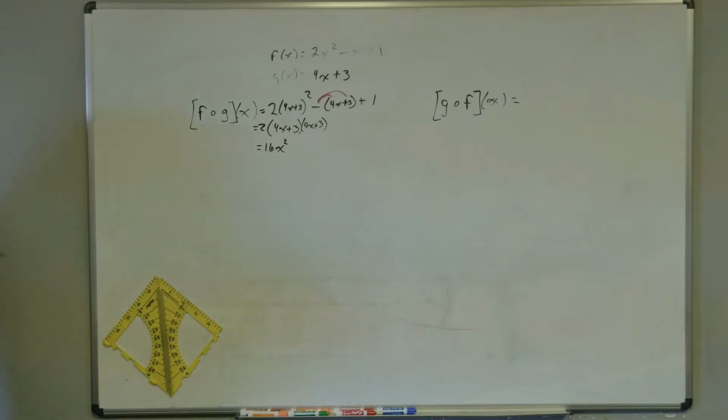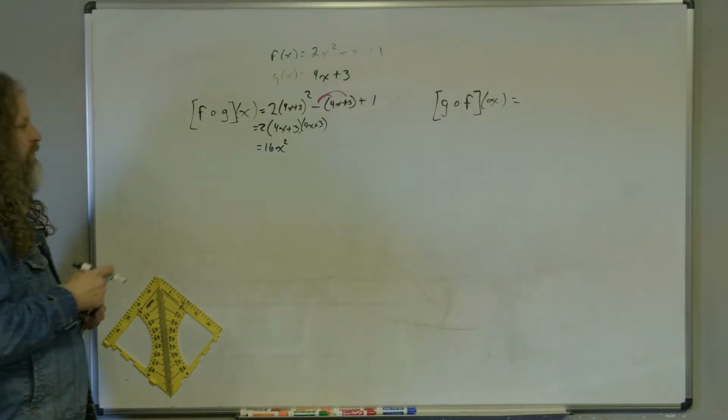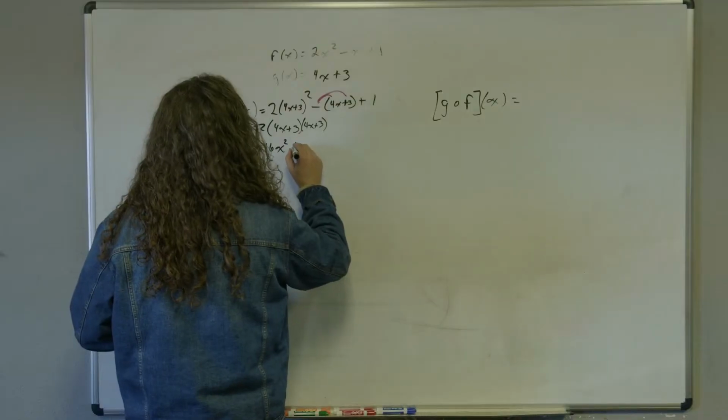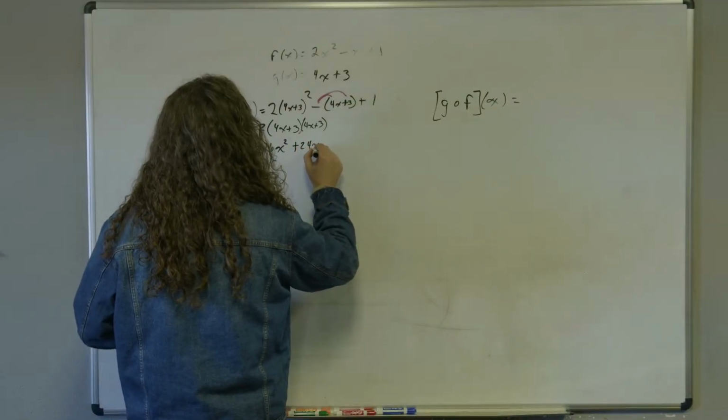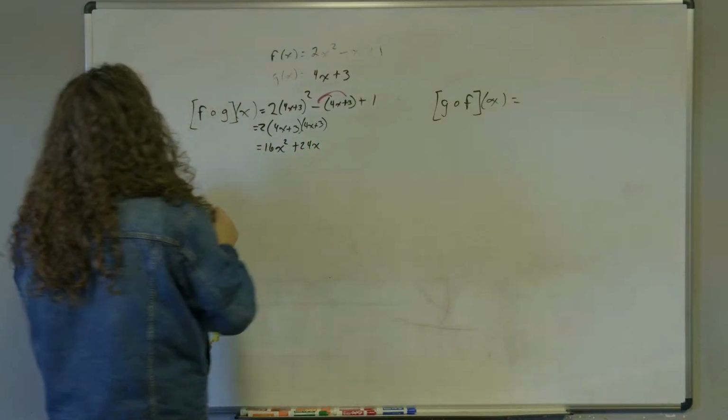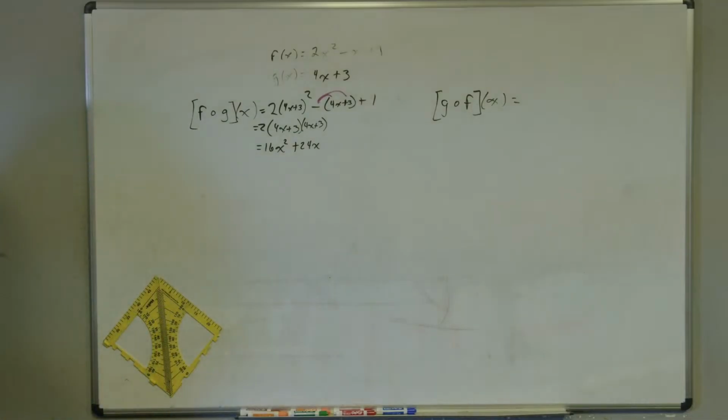Plus 2 times A times B. So what is 4x times 3? 12x times 2, 24. So plus 24x. And then the last part.